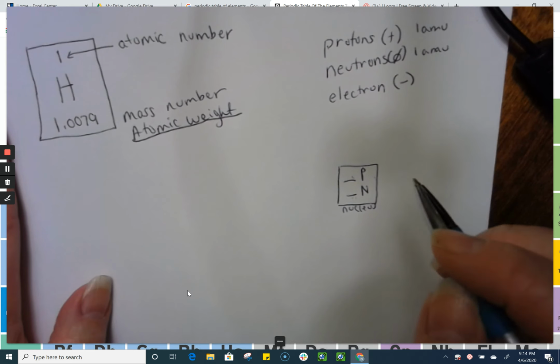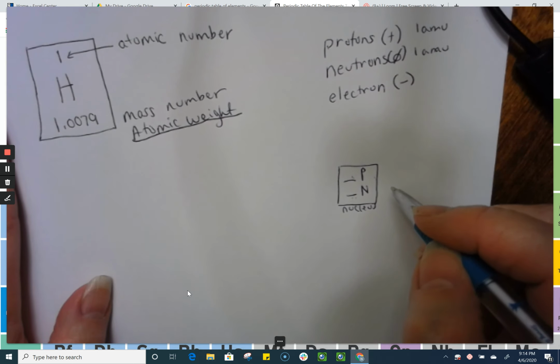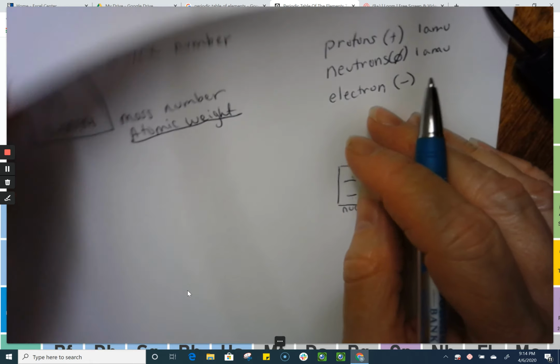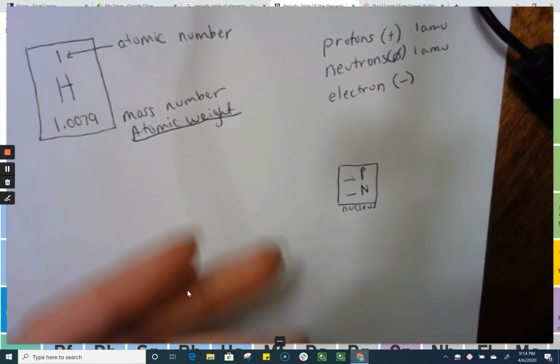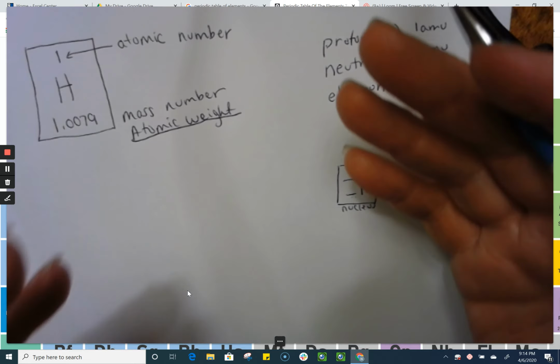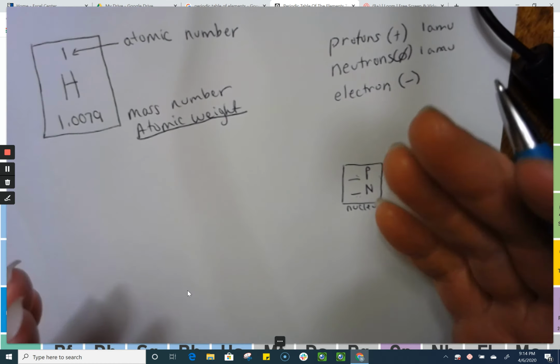And what I want you to realize is atoms are not flat pieces of paper like this. They're not flat. They're three-dimensional. The nucleus is kind of clustered together particles, and they kind of form a sphere. And the electrons are orbiting around them, okay?